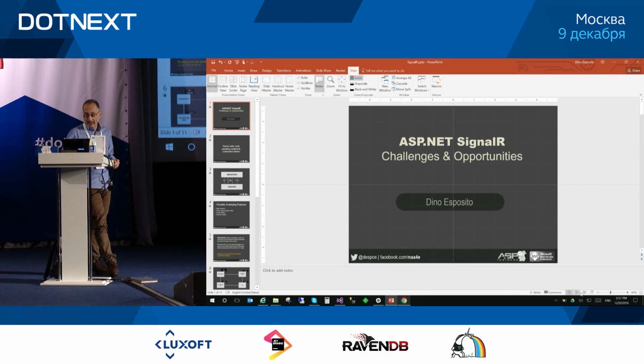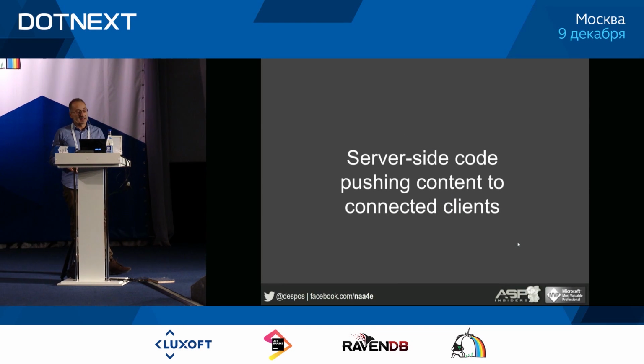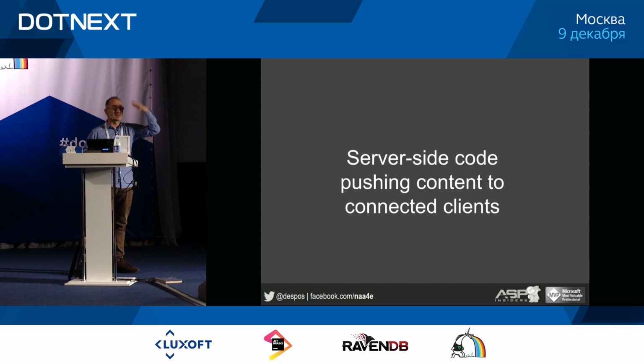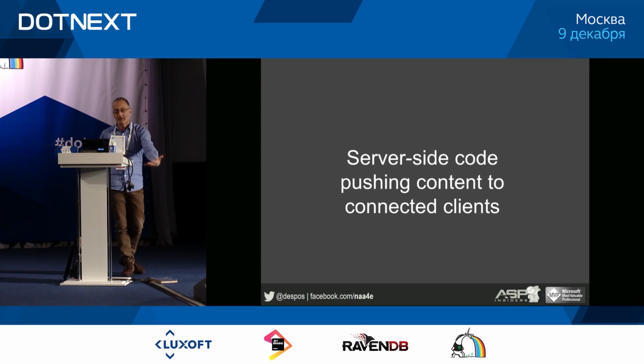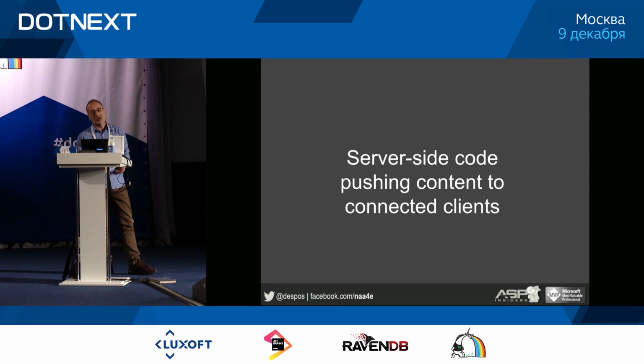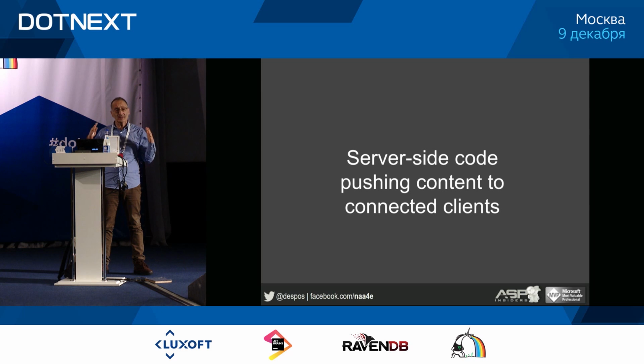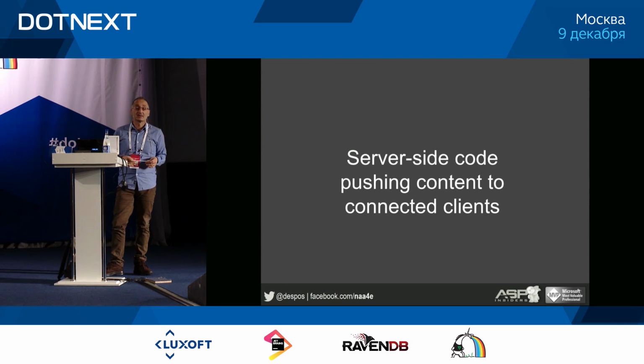This said, let me switch back to the slides and let me briefly summarize what we are going to talk about. ASP.NET SignalR is essentially server-side code that exists, and once configured, it works by pushing content to any or selected connected clients. So you have both options.